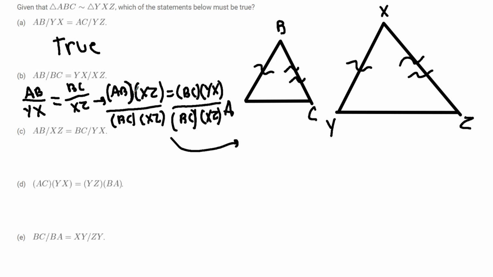So the XZ's over here cancel out, and we would be left with AB over BC. And that would be equivalent to, well, the BC's over here cancel out. We have YX over XZ.